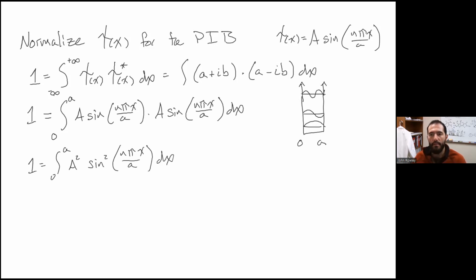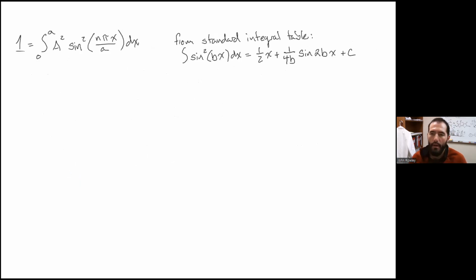So we simply need to apply a standard integral to this, and our goal is to solve for this capital A term to make this mathematical statement true. There is a value for A that makes the integral of the wave function times its complex conjugate equal to 1. That's what we're solving for. So here I've written the function again.